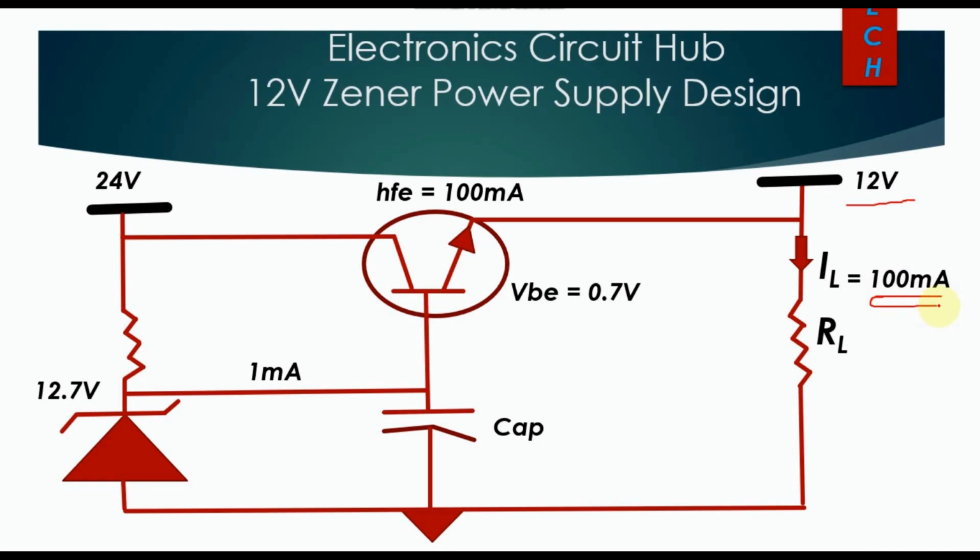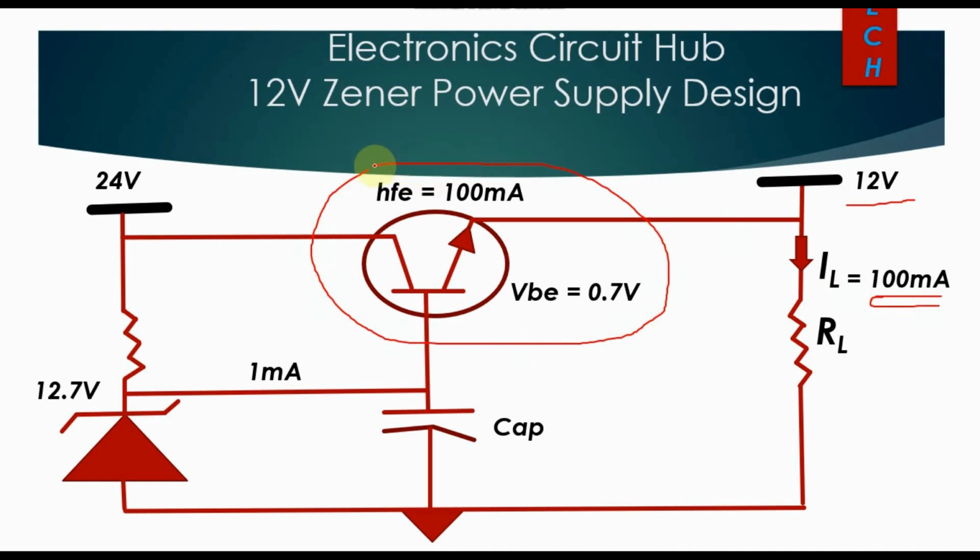That will cost you, it will take more thermal dissipation, and it will take more space on the PCB. So to overcome that problem, you have to use a series pass transistor.